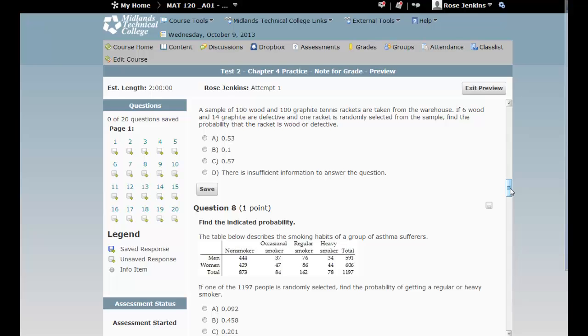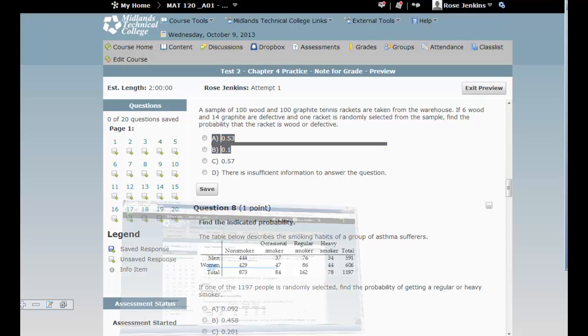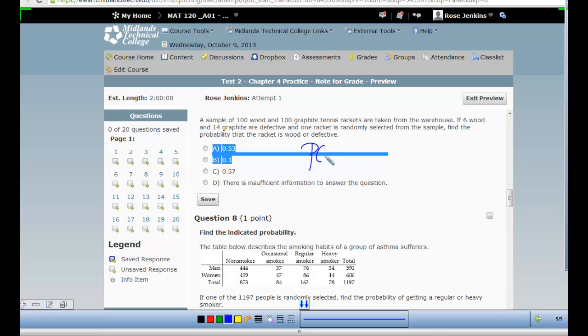Could a racket be both wood and defective? Yes, so they are not mutually exclusive. Okay, we're talking about probability of wood or defective. Okay, you asked the right question. We said or is addition rule.